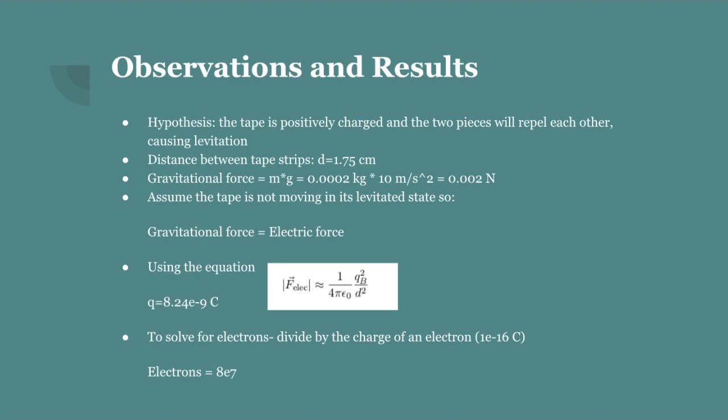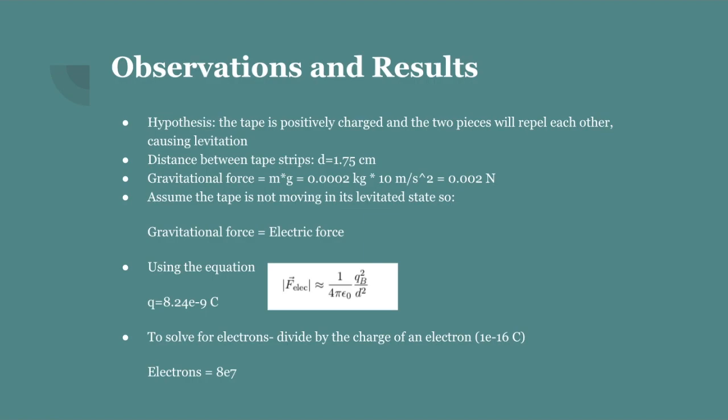Following this, I calculated the gravitational force by using the standard measurement of 0.0002 kilograms for the weight of the tape, and then multiplied that by gravity, which gave me 0.002 newtons.